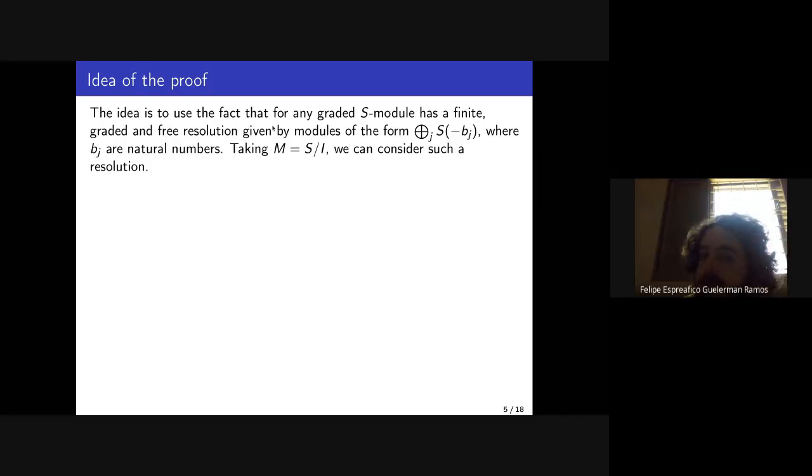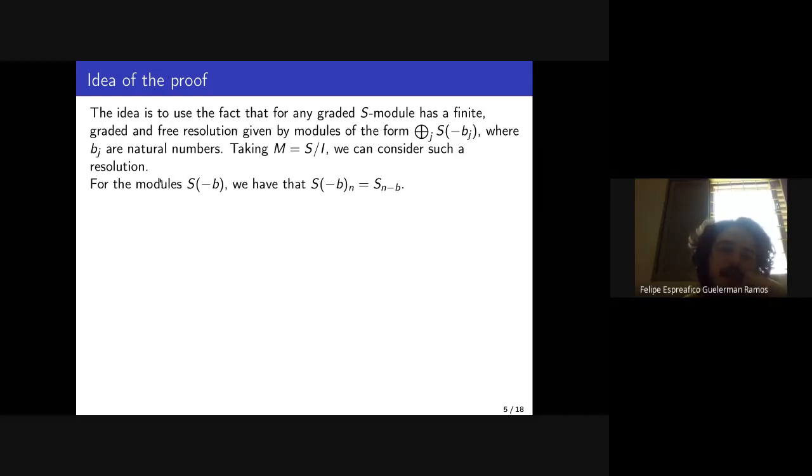So here we just use the fact that any graded S-module has a finite free resolution of this form. So we could resolve any S-module by direct sums of shifted S-modules by some natural numbers b_j. So if we consider M now, our module, to be the quotient, we could get a free resolution.